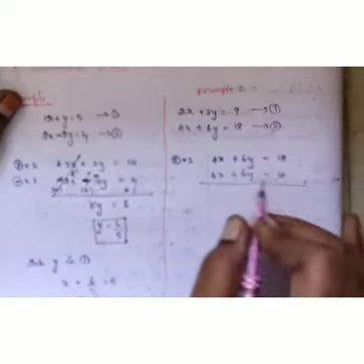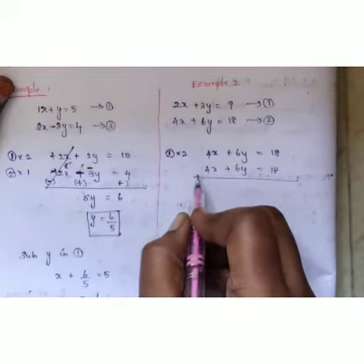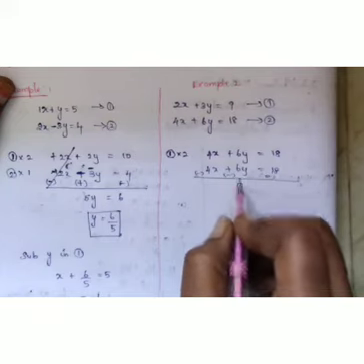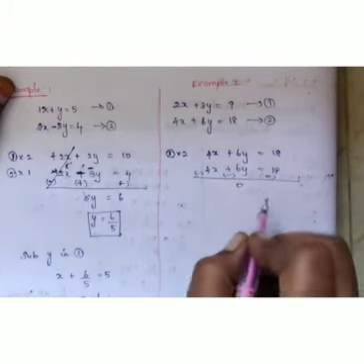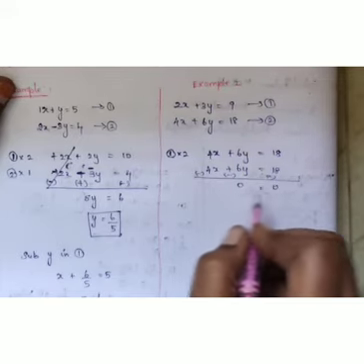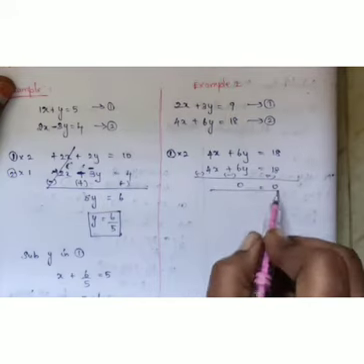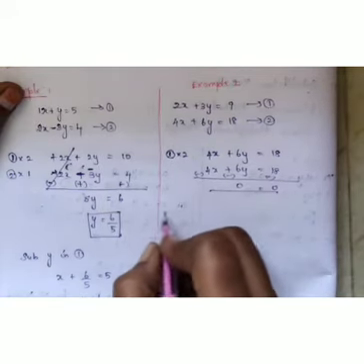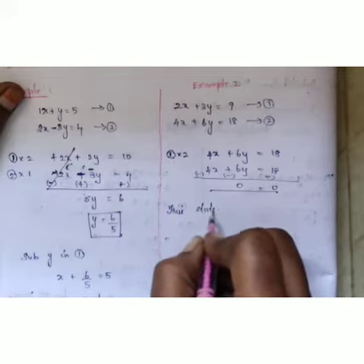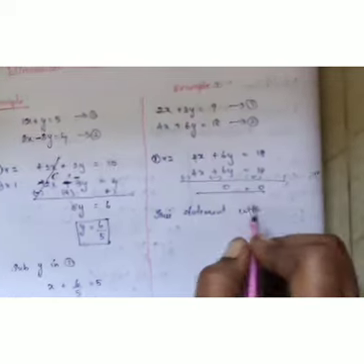Now see, every term is getting cancelled. Here plus and plus is there. If I do subtraction and change the sign, this side both get cancelled, 0. This side also cancelled, 0. So 0 equals 0. This statement is true, a true statement with no variable.